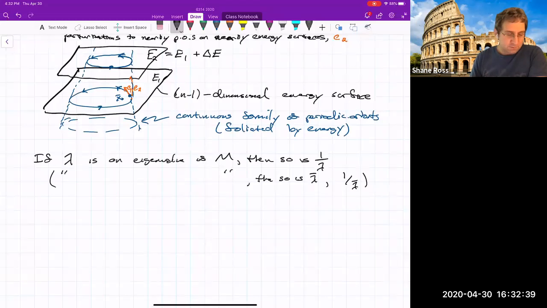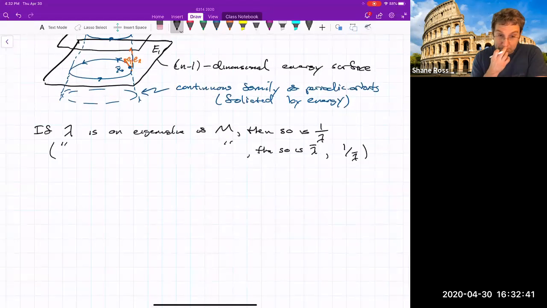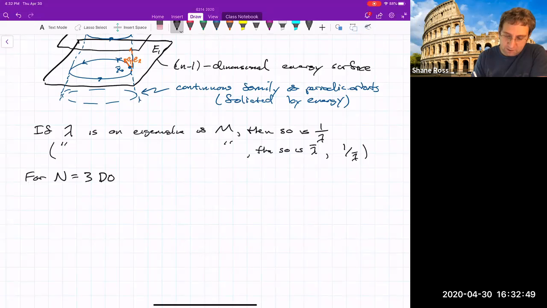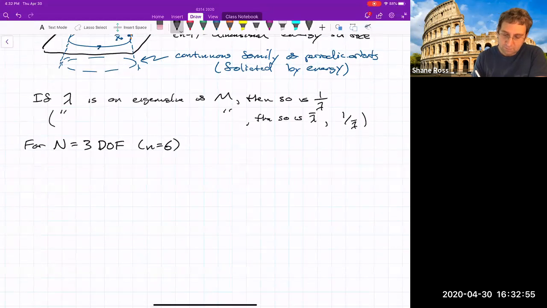So let me just show some scenarios quickly of at least what the eigenspectrum looks like. For capital N equals 3 degrees of freedom, so this means little n is 6, we're talking about a 6-dimensional space. What can we have?